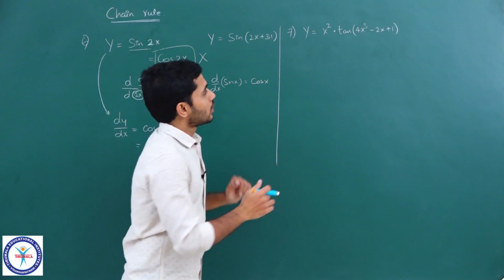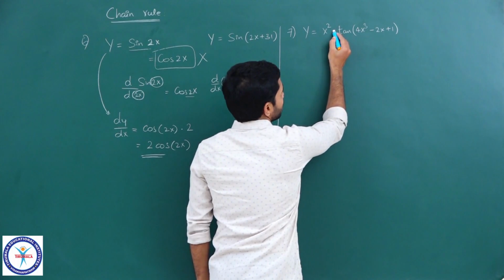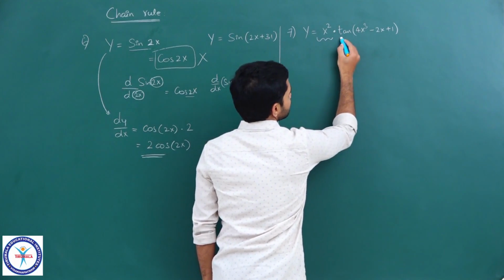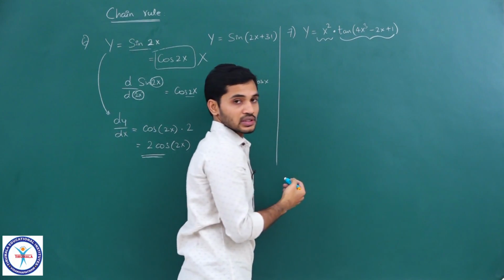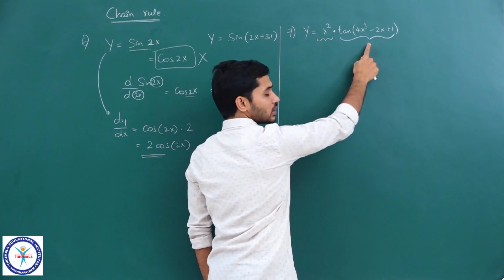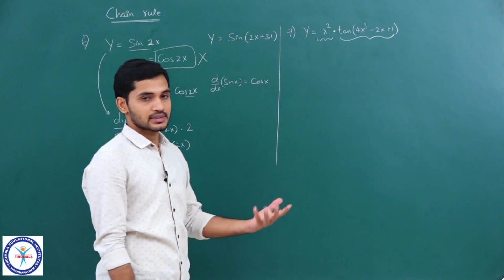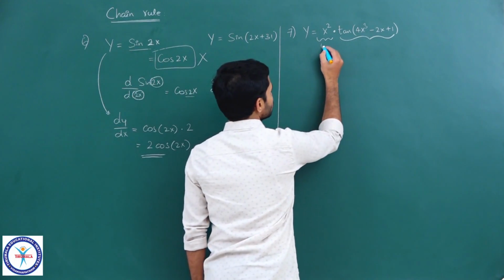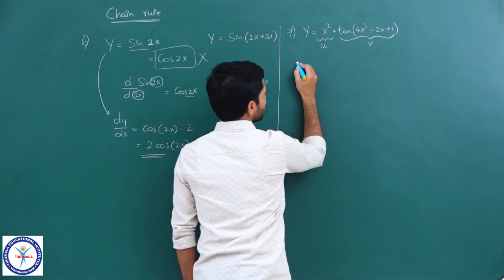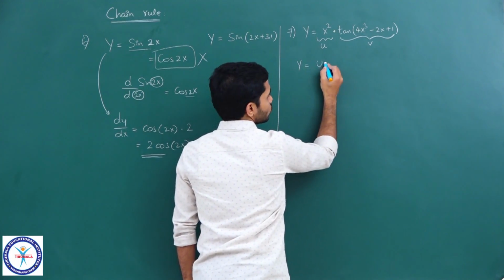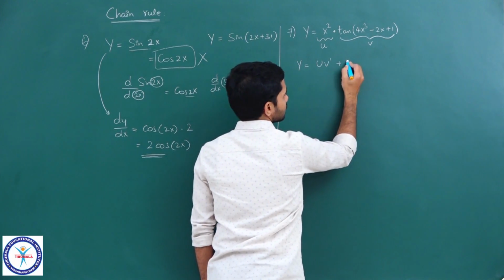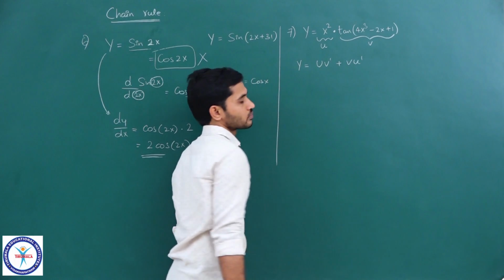So, let us see. So, obviously, you can see that this is a product of two functions, this is one function, this is another function, and if you look at this, this one is a function inside a function, right. Okay. So, let us understand this as u, this as v. We know that the derivative of uv is uv dash plus vu dash, correct.